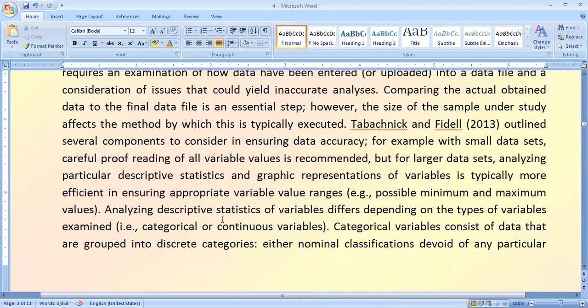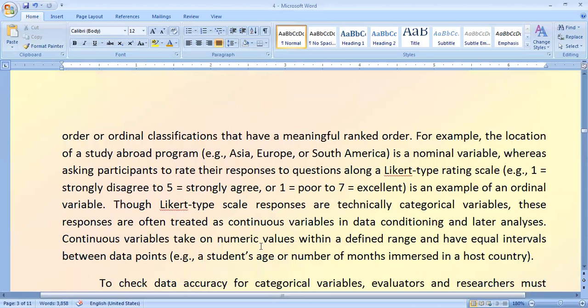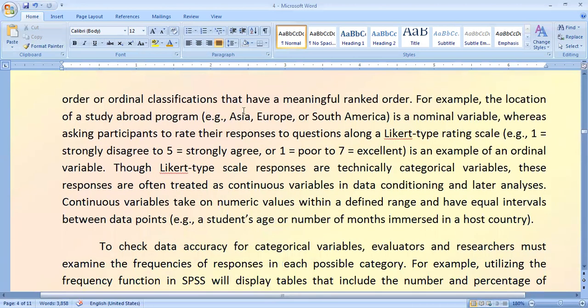Analyzing descriptive statistics of the variable differs depending on the type of variable examined: categorical or continuous. Categorical variables consist of data that are grouped into discrete categories, either nominal classification, divided without any order, or ordinal classification, which have a meaningful ranked order.